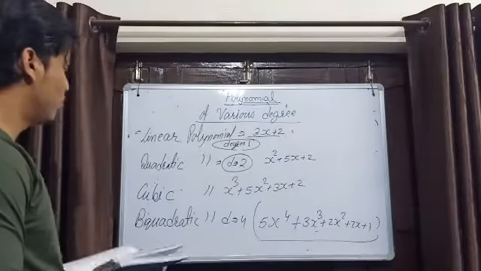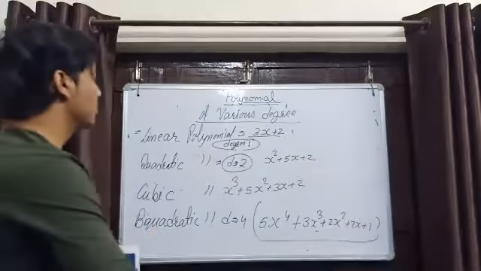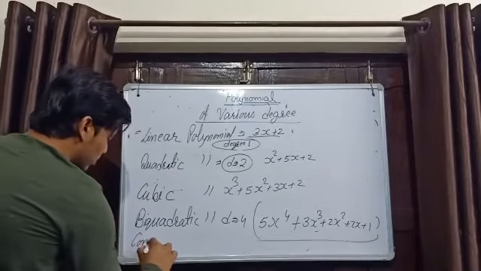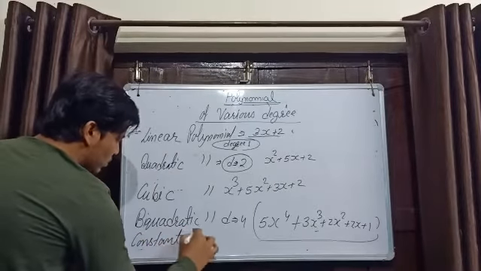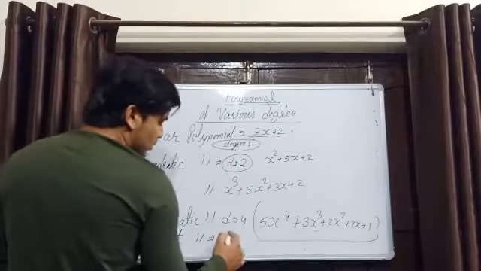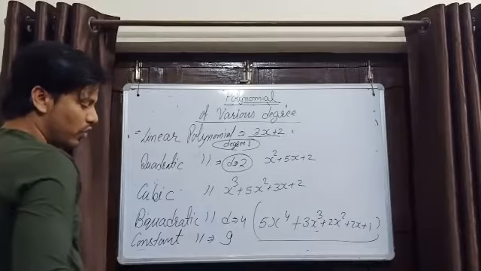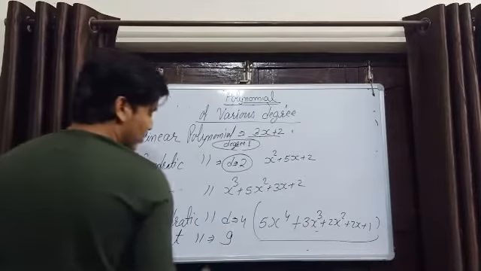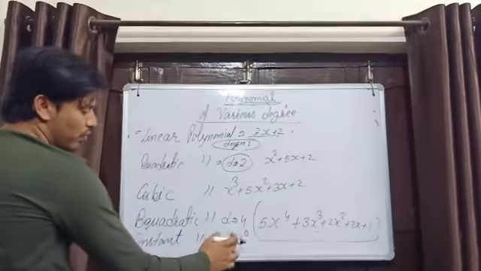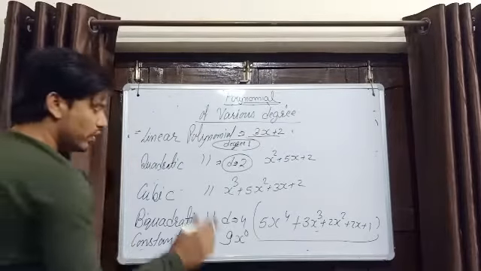What is a constant polynomial? Constant polynomial means, for example, 9. It is a constant polynomial. Its degree is 0 because we can write it as 9x power 0, and x power 0 is always 1.